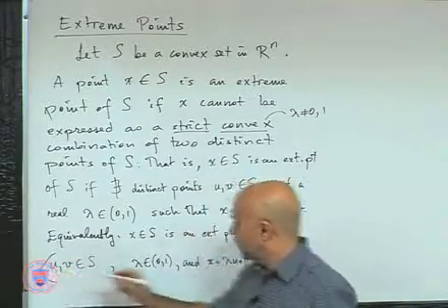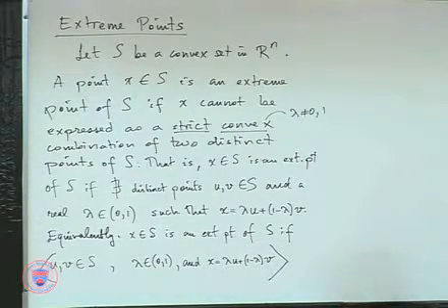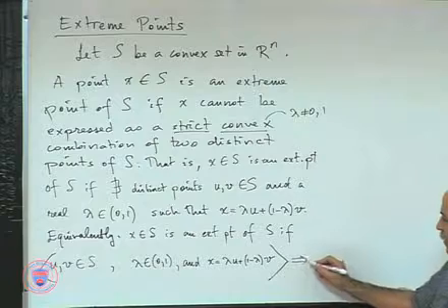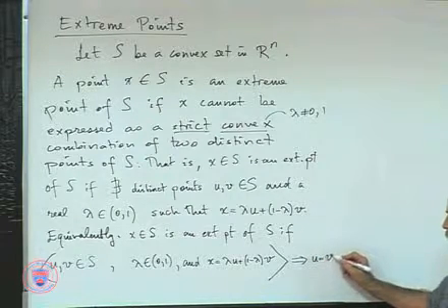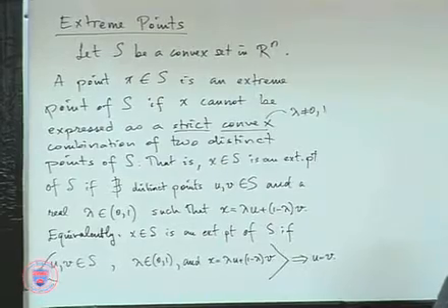This whole statement implies U equals V. They cannot be distinct. Okay?